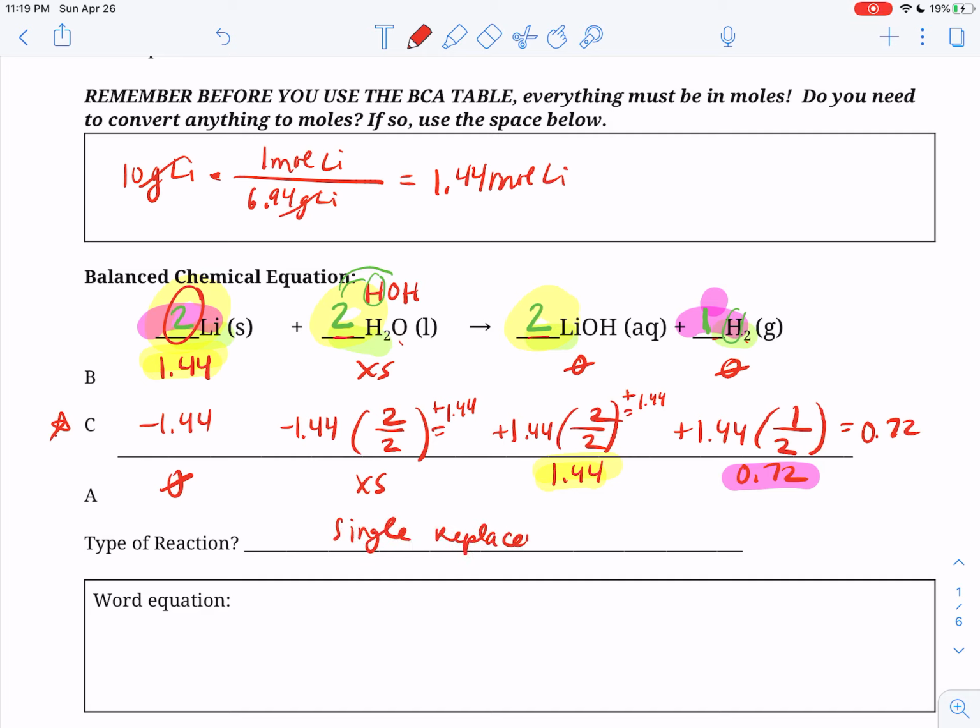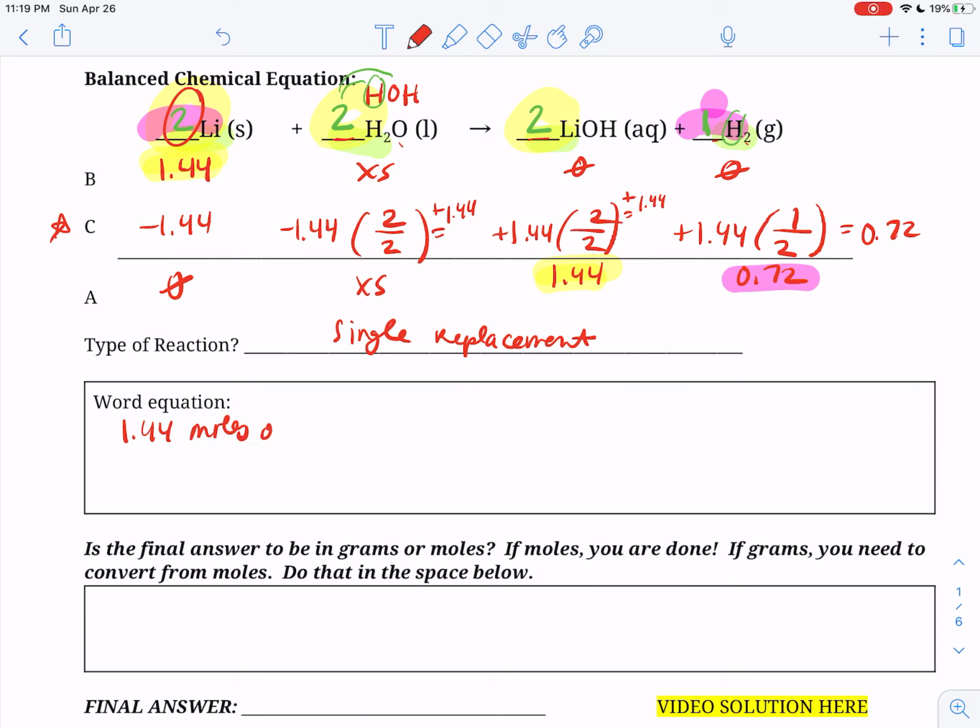okay? My word equation, I'm going to say 1.44 moles of lithium react with, I'm just going to go ahead and say excess water, okay? I guess we can go ahead, since we have the states of matter, we can add these in.